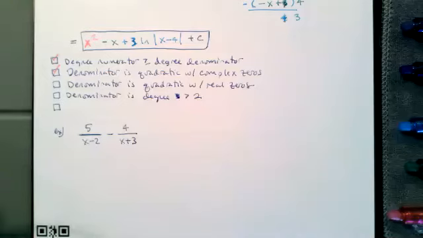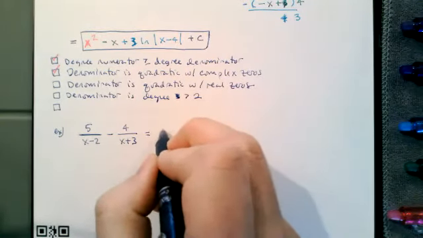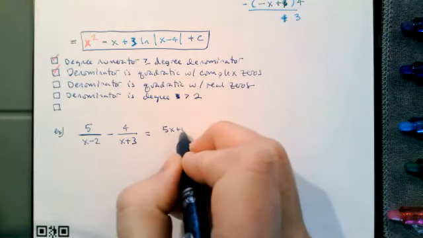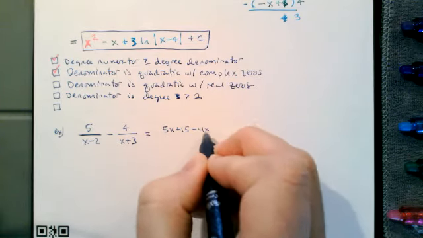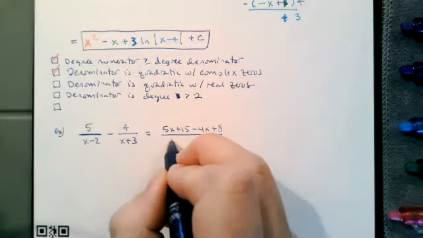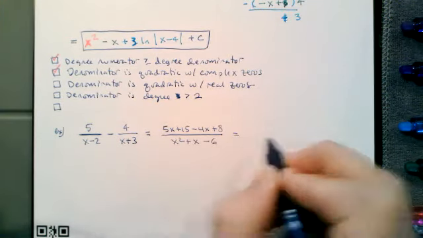So if we add these together, we'll just have 5 times x plus 3, so 5x plus 15, minus 4 times x minus 2, so minus 4x plus 8, all over x squared plus x minus 6.